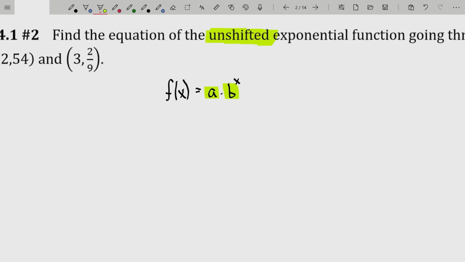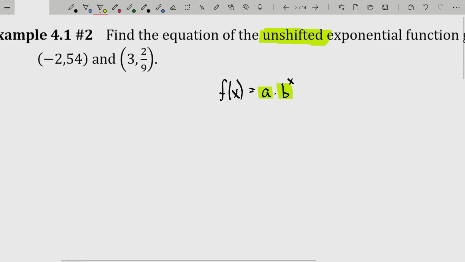In any part of mathematics, if you don't know n things, then you need n constraints, or n points in this case. So we don't know two things, a and b. Luckily, we were given 2 points on the graph. So we should be able to identically find a and b.